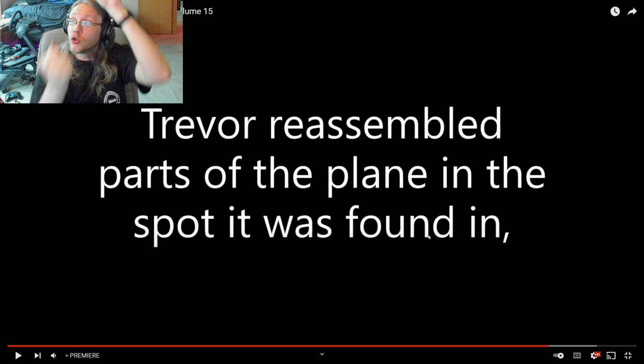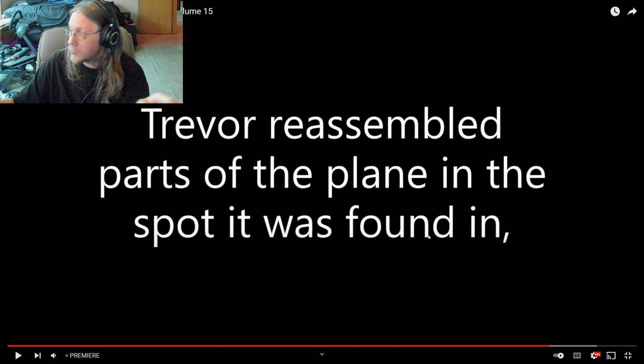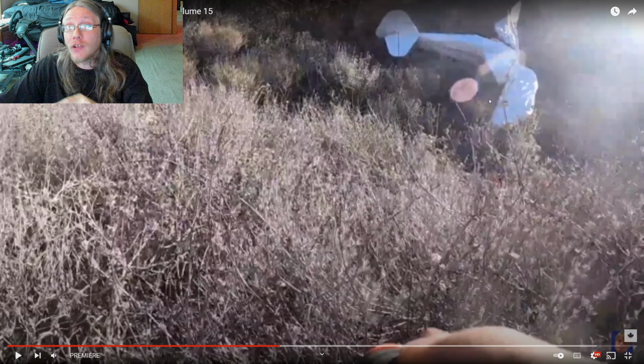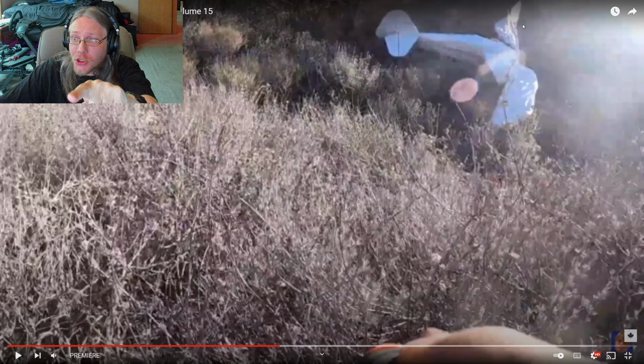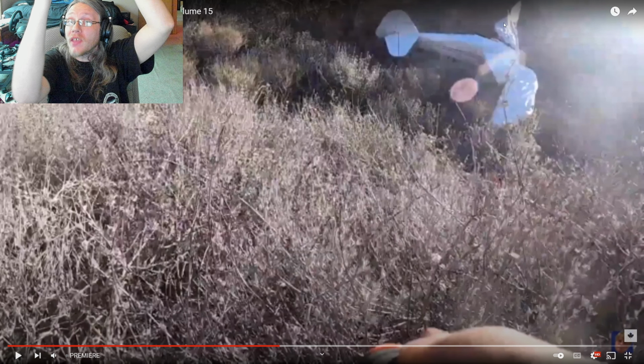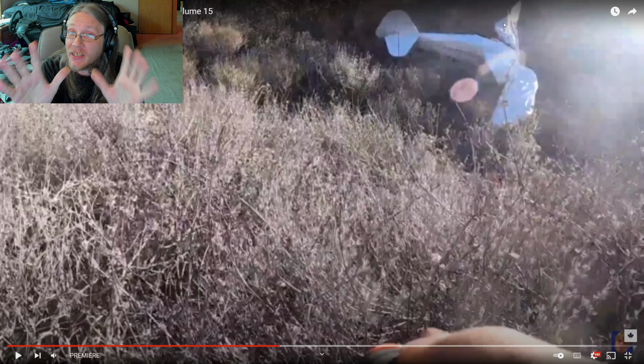For your story to be accurate, he had to manhandle that wing right here onto a bush. So you're saying this scrawny little guy lifted that and put it on a bush to stage this.